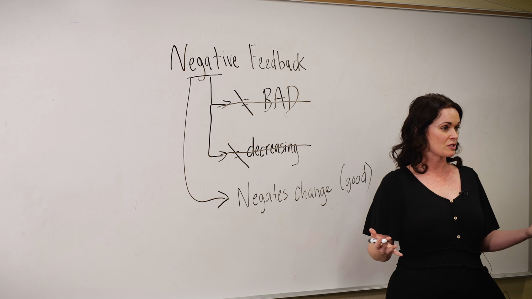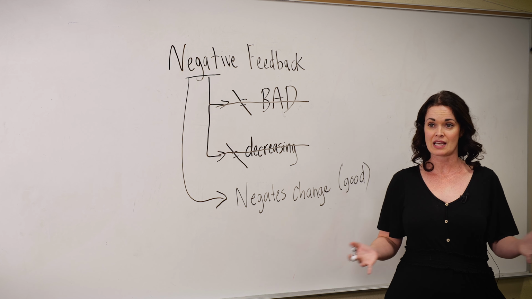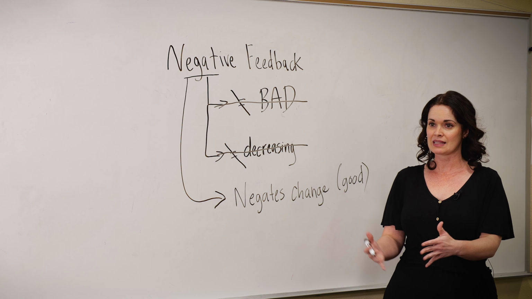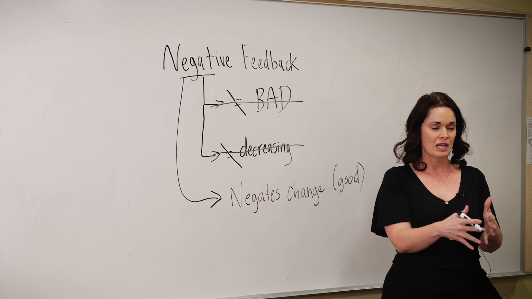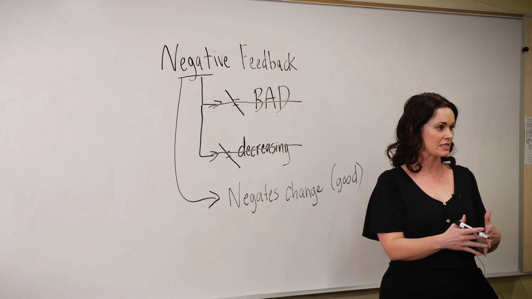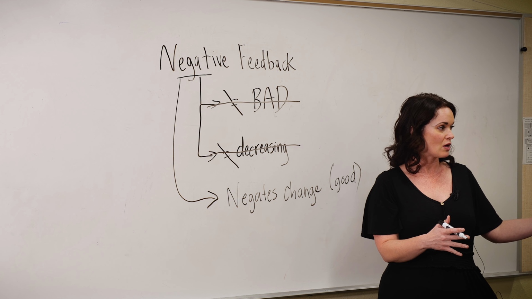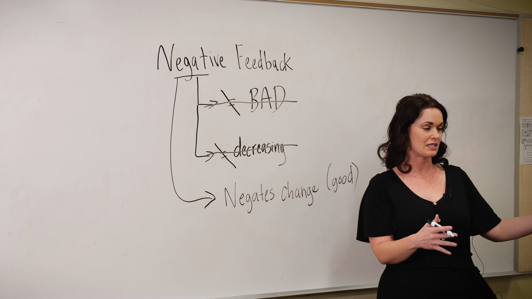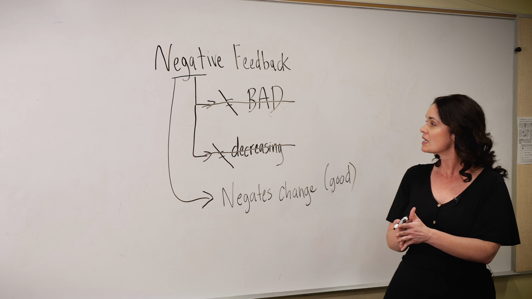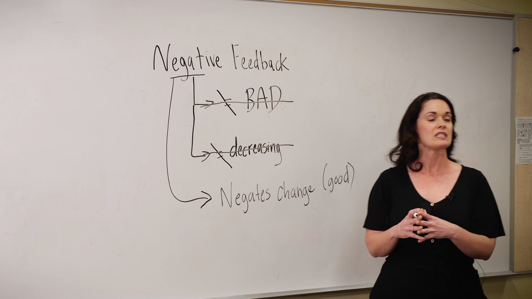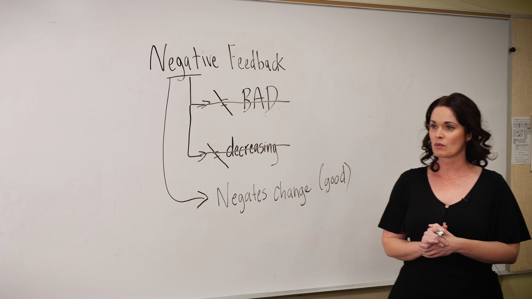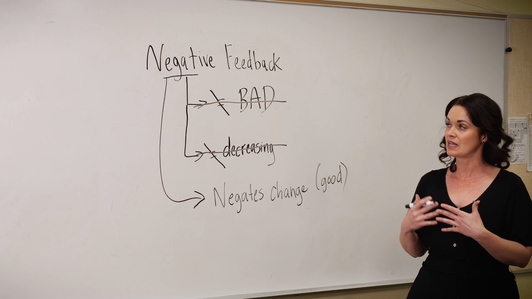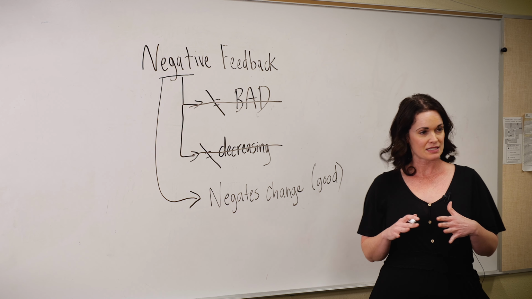If your body temperature is becoming too high on a hot day, negative feedback is going to negate that change and bring it back down, okay? So not always increasing, not always decreasing. If your body temperature is too low, it's a cold day, negative feedback is going to negate that and bring it back up. So don't fall into this pattern of seeing that word negative and applying how that word is used in everyday language, because that's not the case.